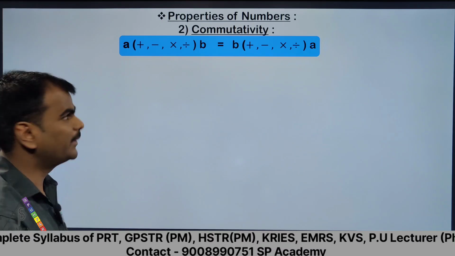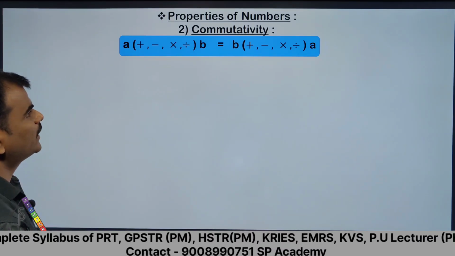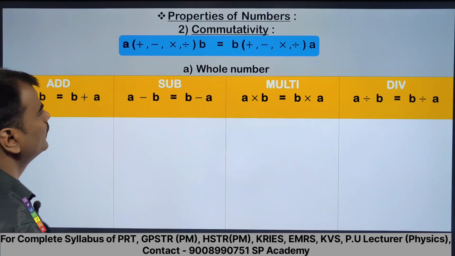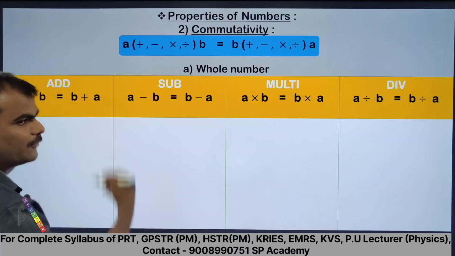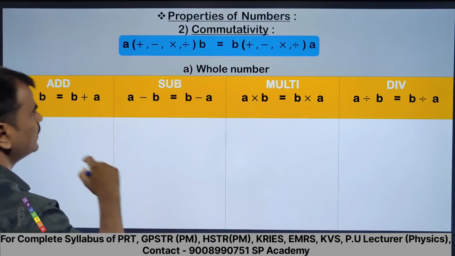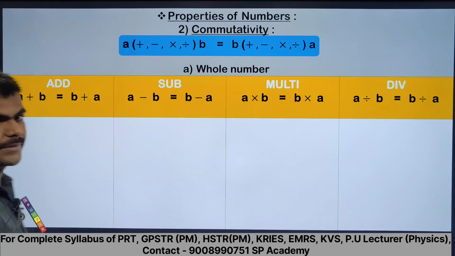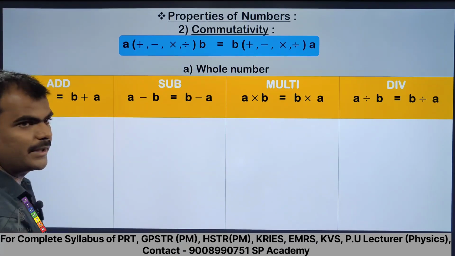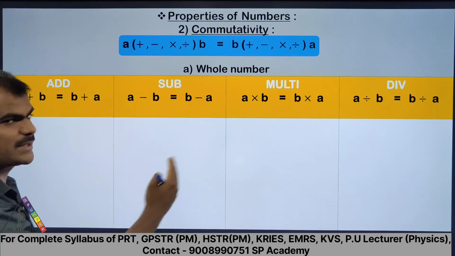Next is commutative property. Now, what is commutative property? Under the four basic operations, addition, subtraction, multiplication and division, we'll check for whole numbers whether the commutative law is valid under all the basic operations.